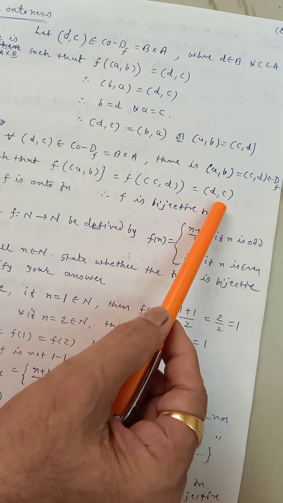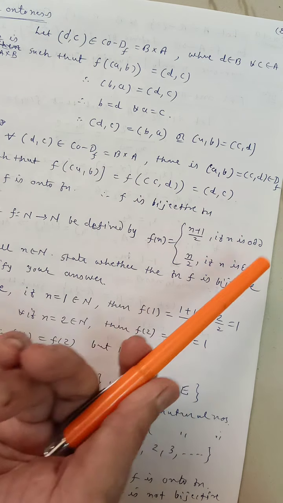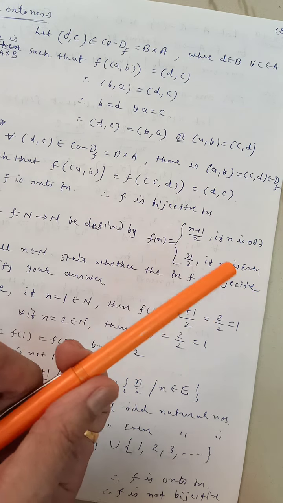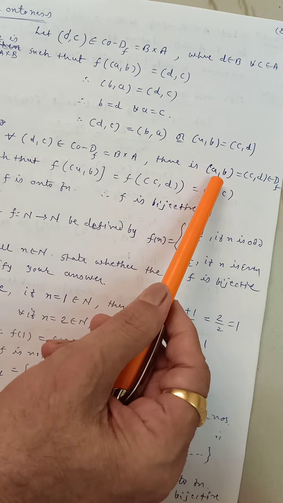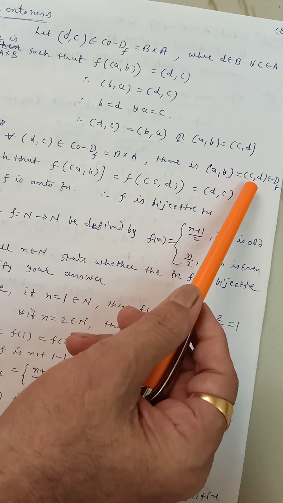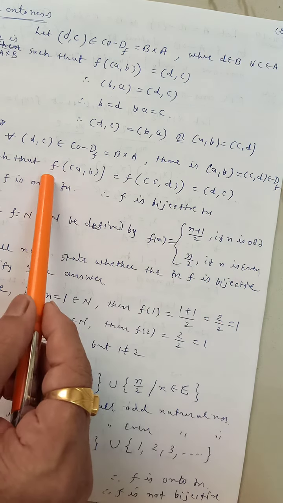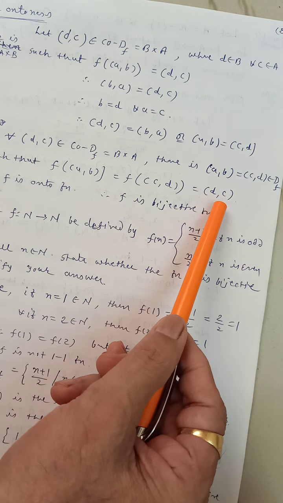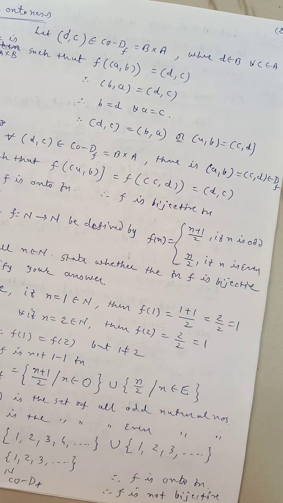So can I say that for all y a member of the codomain there is x such that f(x) equals y? Definitely. For every (d, c) member of the codomain, I find an ordered pair (a, b) in the domain such that f of (a, b) gives (d, c). Therefore f is onto, and so it is a bijective function.